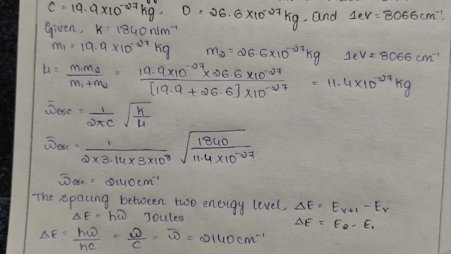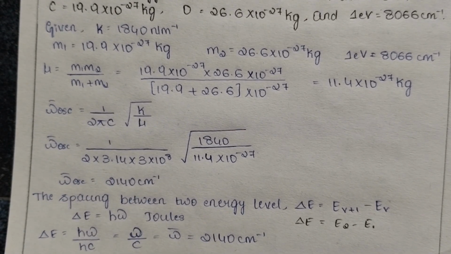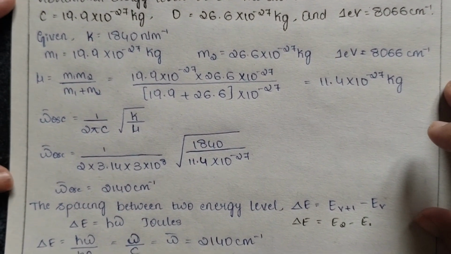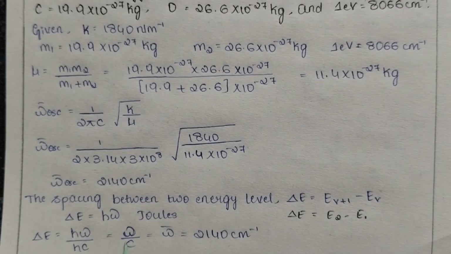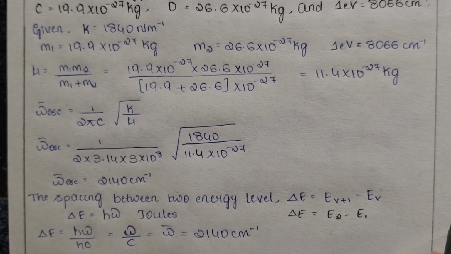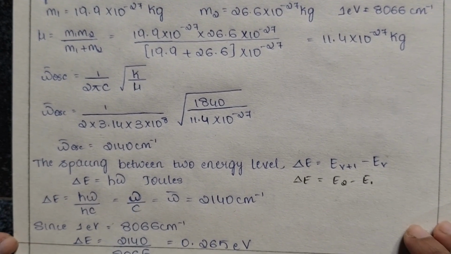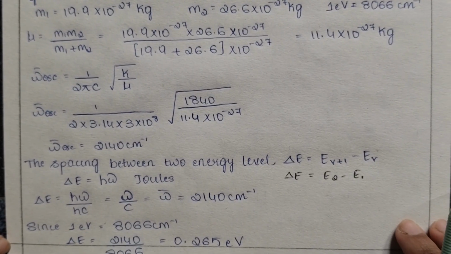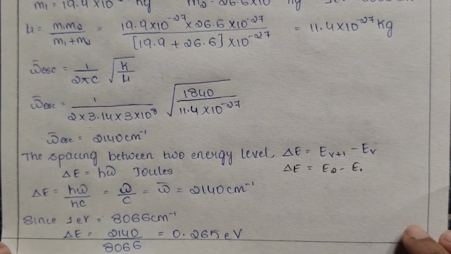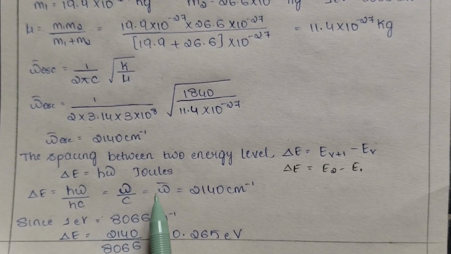To convert into centimeter inverse, we have the formula delta E is equal to h omega, that is hc times omega by c, which is nothing but omega dash, which we have got here, that is 2140 centimeter inverse. And since they have given 1 electron volt is equal to 8066 centimeter inverse, simply dividing omega dash by 1 electron volt, that is 2140 divided by 8066, we'll get 0.265 electron volt.